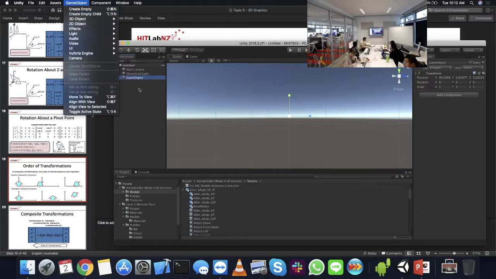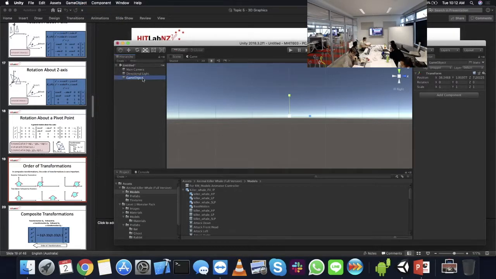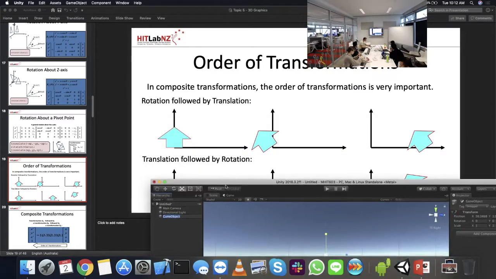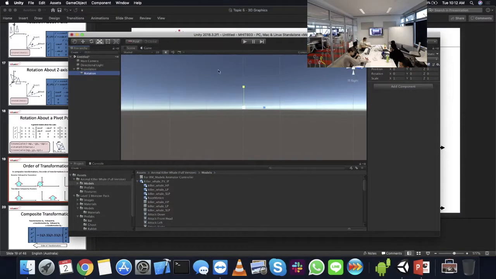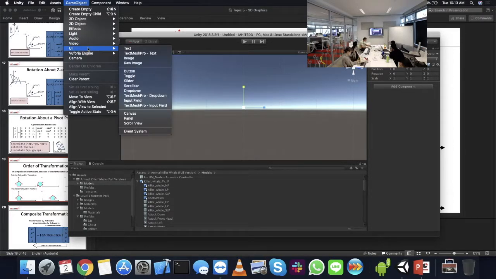I'm going to do two different things. We're going to do translation, and we're going to do a rotation, and then I'm going to stick something on there.